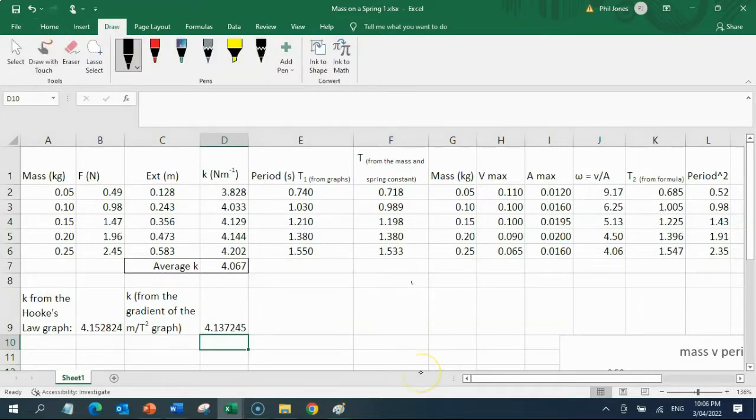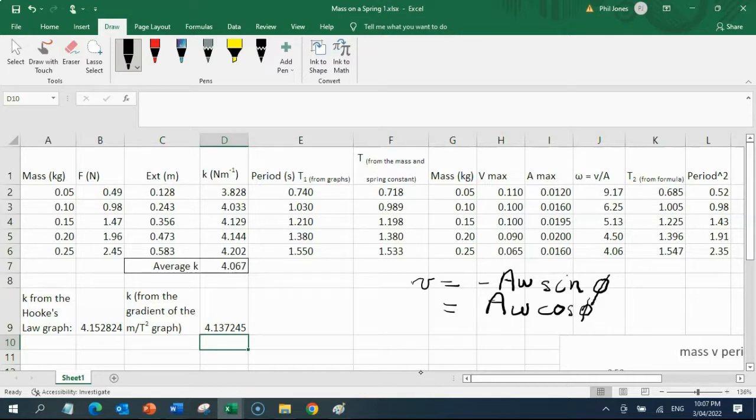If we use the equation that V is equal to minus A omega sine phi, or if we use the equation that V is equal to A omega cos phi, we can say in a situation where the velocity is a maximum that cos phi here will amount to 1.